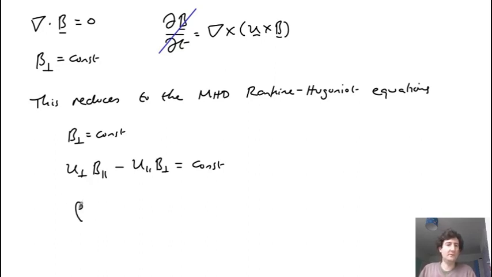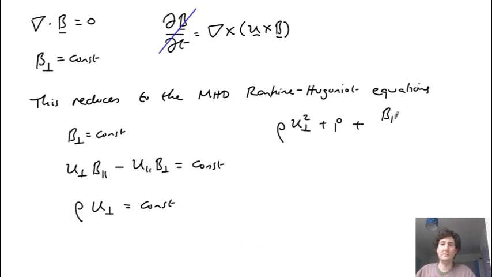So the mass gives us that rho times U perpendicular to the shock is constant, because that's the flux into the shock and out of the shock. The momentum gives us several different components. So if you take the component perpendicular to the shock, you have rho u perpendicular squared plus p. So this would be the total pressure in a fluid. But now we have an extra component which depends on this.